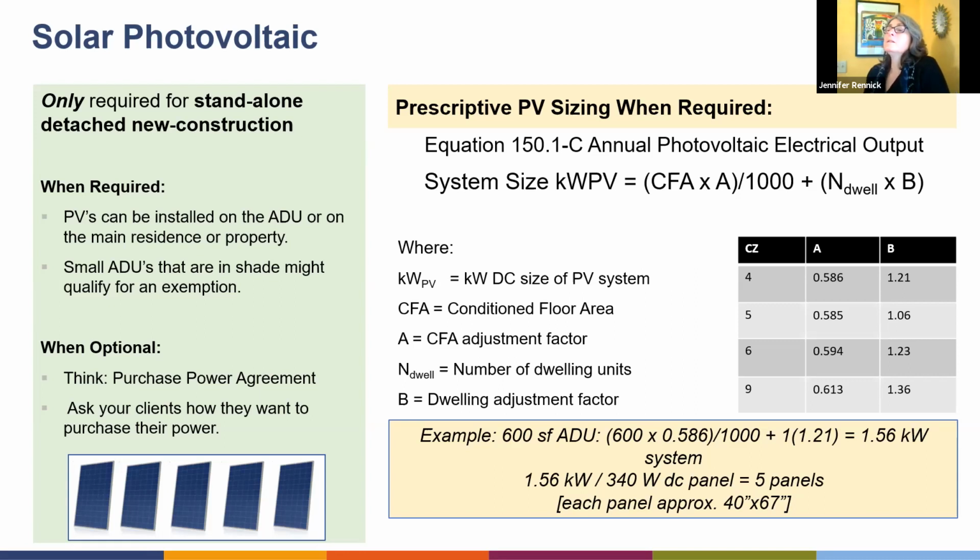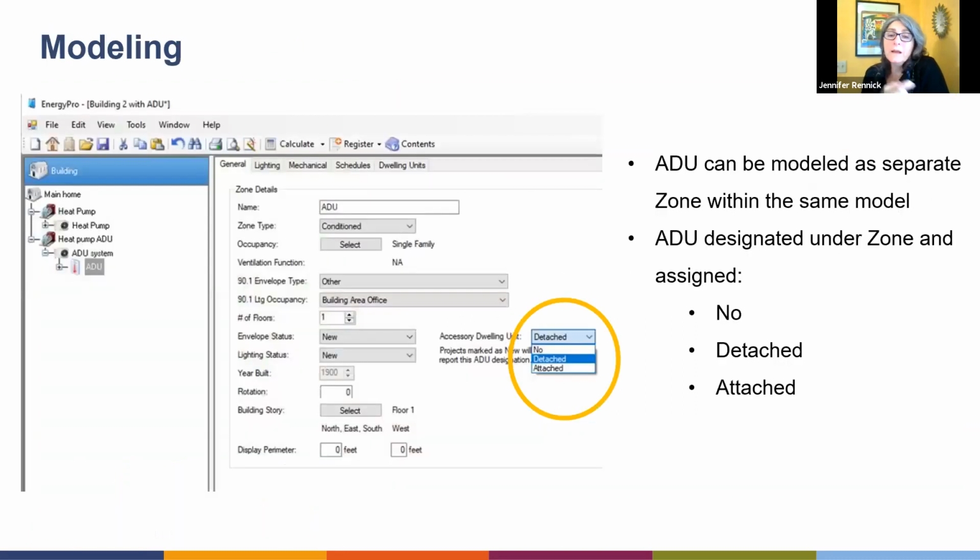I think the other thing to know on the modeling, which is the next slide, is when the energy consultant is doing the modeling on these ADUs, they can, and you would look for that on the forms, check a box that lets plans examiners and architects know, when you get your Title 24 energy calcs done, that the accessory dwelling unit is checked as either attached or detached.